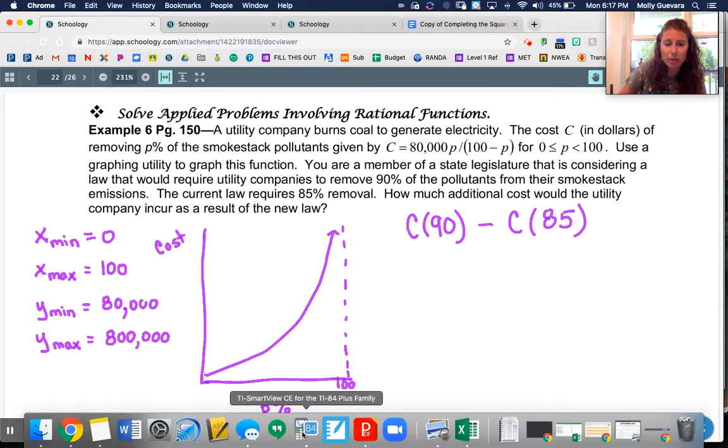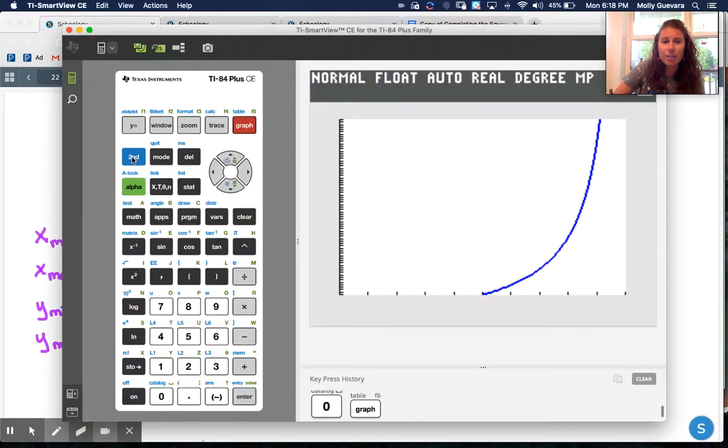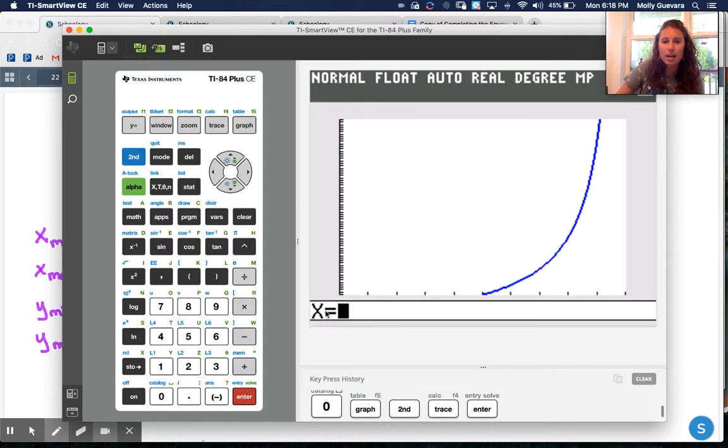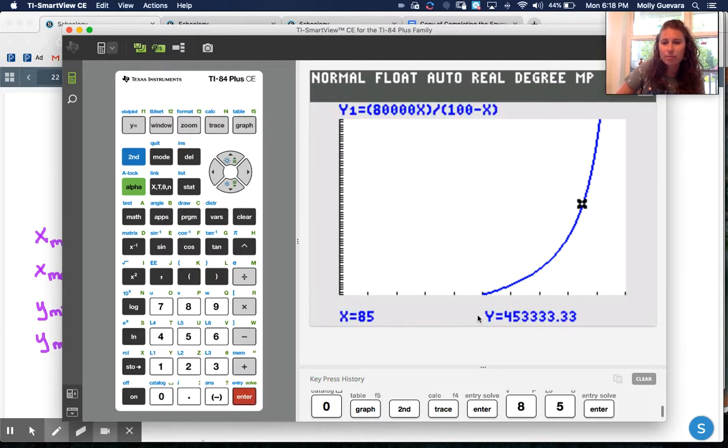So if I go back to my calculator and I do second trace, so calculate. I want to calculate a value. So right here at number 1, I'm going to hit enter. And I want to know when X is 85%. There's my number right there. 453,333.33.